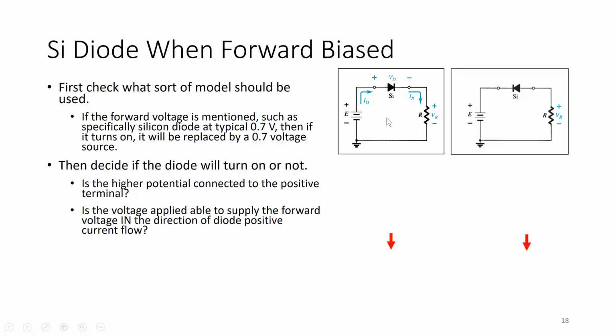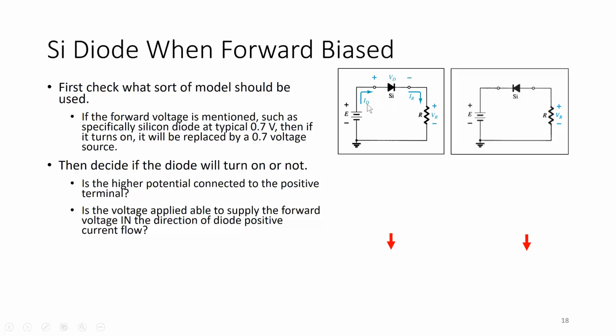For this left diagram, positive E is connected to the positive terminal of the diode. But in this right diagram, this is a reverse bias connection. So this would turn on, but this will not turn on, because this is forward bias and this is reverse bias.